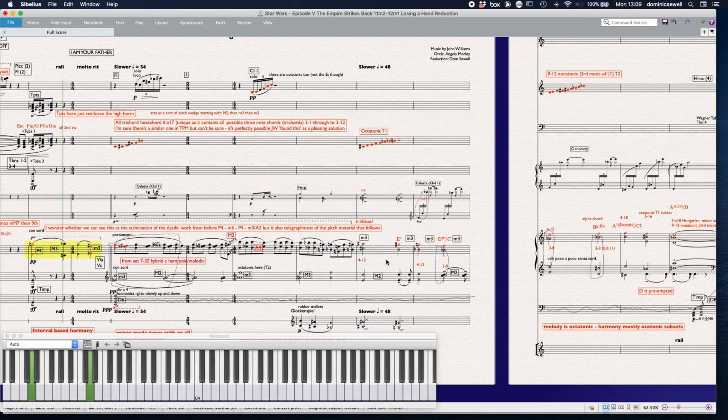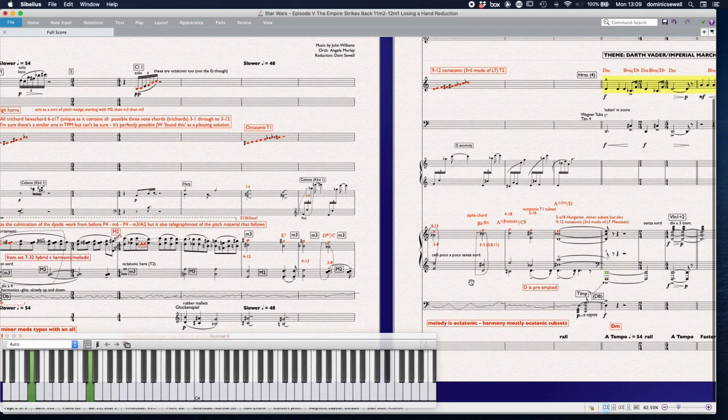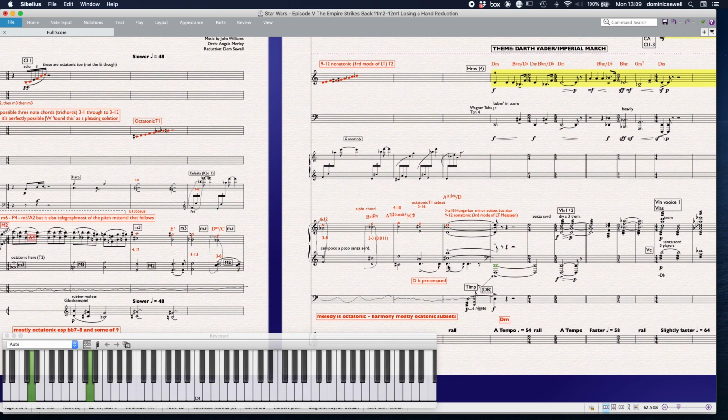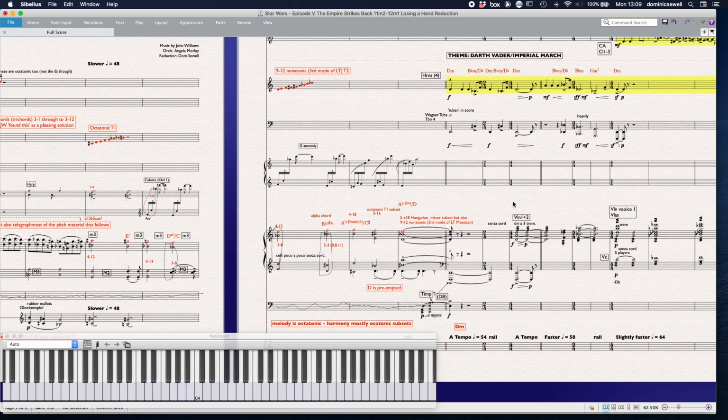That's octatonic. Not quite. But the melody is. That's what makes it. We're hoodwinked into it. And now the D is preempted and used as a pivot note.